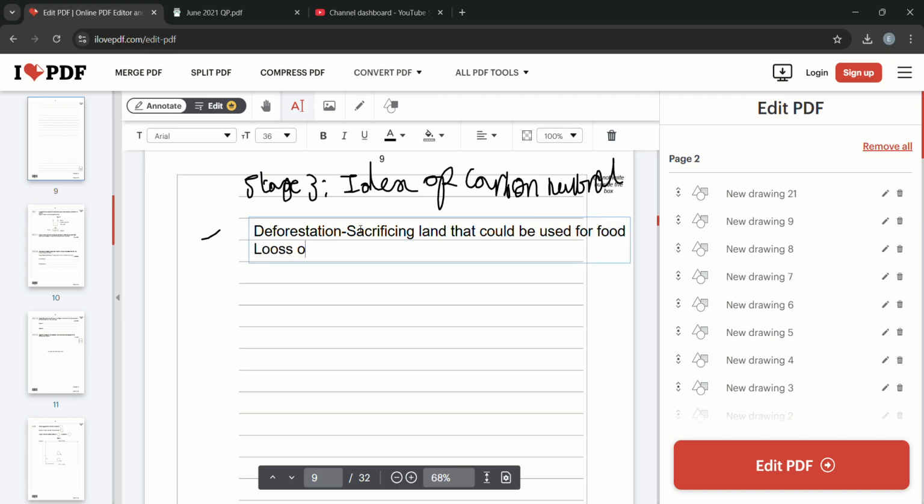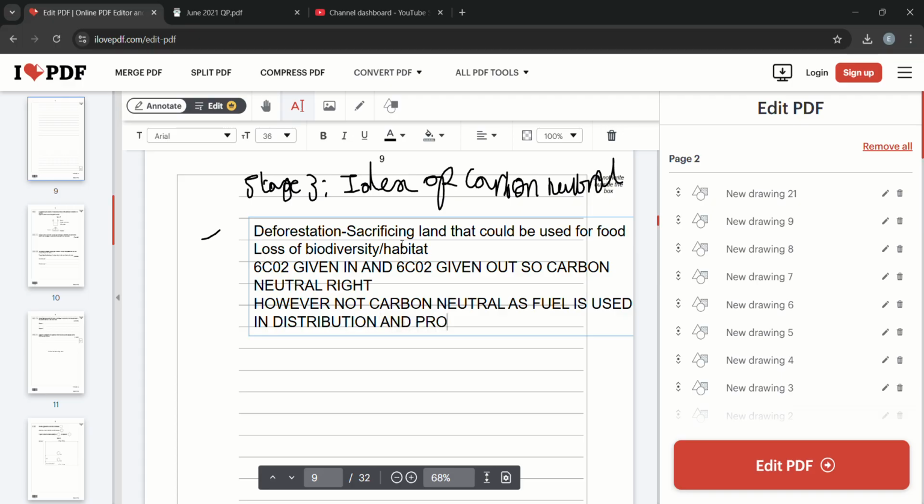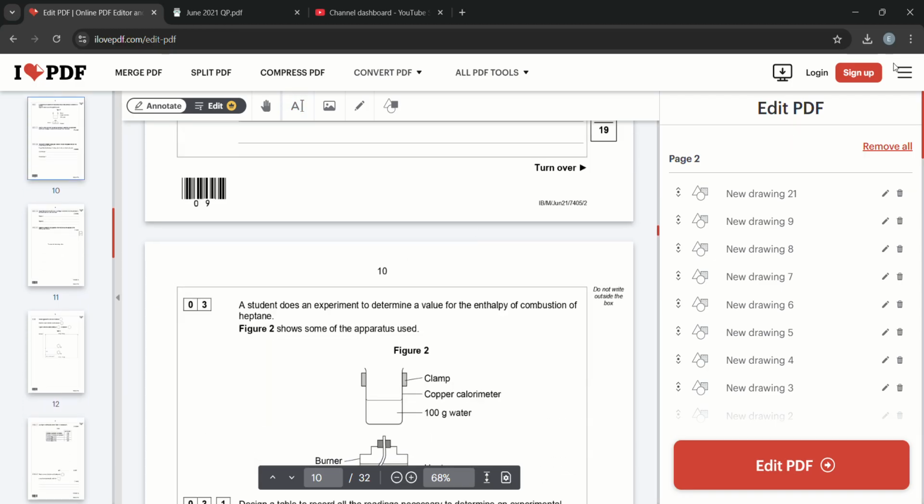Next thing is loss of biodiversity. That is the end of question 2.